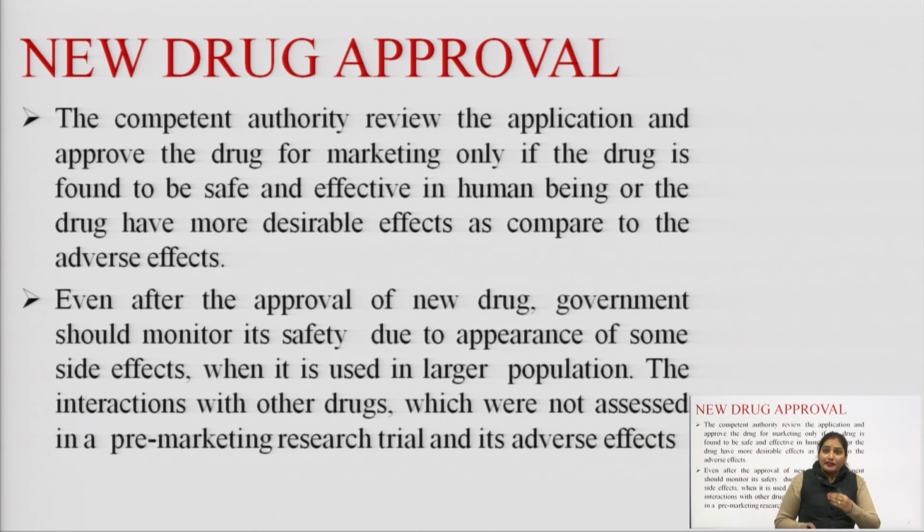If the NDA approval is granted and the drug is launched into the market, after that also the progress of that drug is observed by the government, so as to know about the other side effects that came when the drug is exposed to the larger population, and the interaction with other drugs which were not assessed in the pre-marketing research trials and its adverse effect.